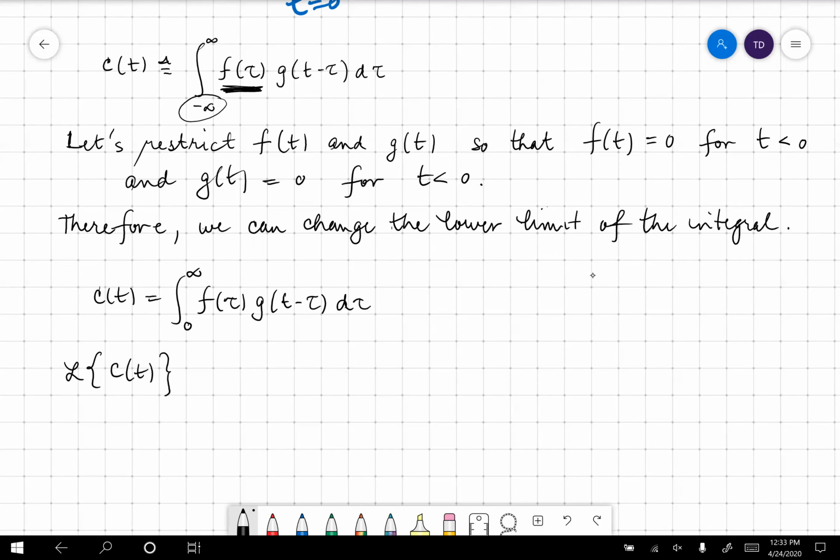We know that that's going to be c of s. And it's equal to, remember the definition of the Laplace transform. So it's the integral from what to what? You better remember, definition of the Laplace transform. I wrote it right at the very beginning of the class today when we were going through things to prepare for the exam.